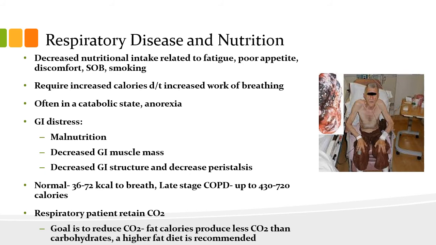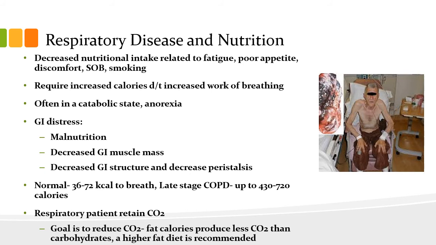There can be GI distress. They show signs of malnutrition, decreased GI muscle mass, decreased GI structure, and decrease in peristalsis. Normally, we need 36 to 72 kilocalories to breathe. In a late-stage COPD patient, they may need up to 430 to 720 additional calories because of their disease process.